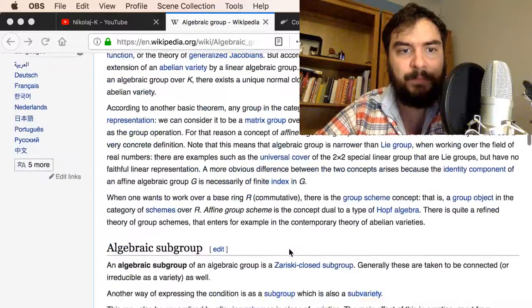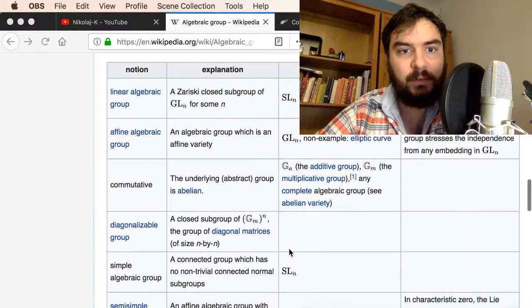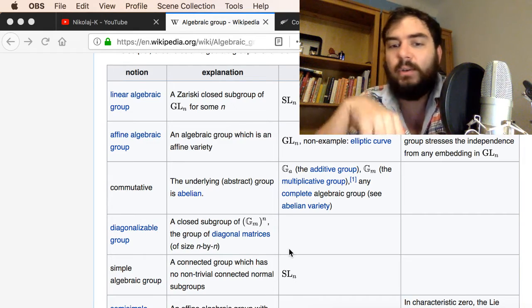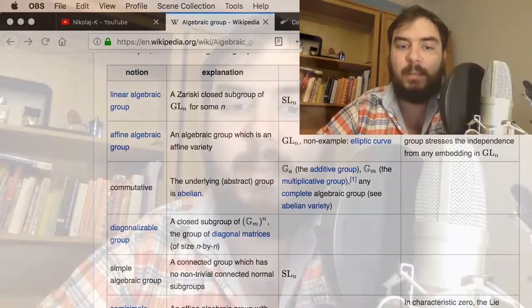There's a small glossary. And also there are some other books. I found one in the library by Hochschild, somebody I know from physics, from the string theory direction. It's called Basic Theory of Algebraic Groups and Lie Algebras.